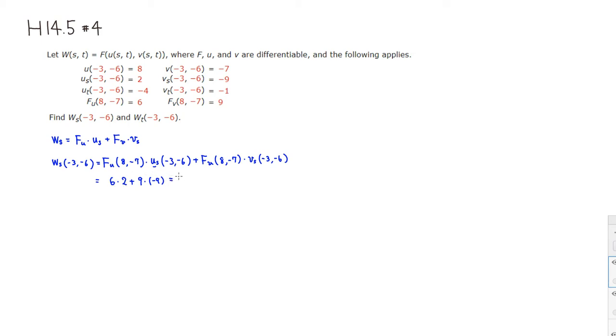So 6 times 2 is 12, minus 81, so that's going to be -69.